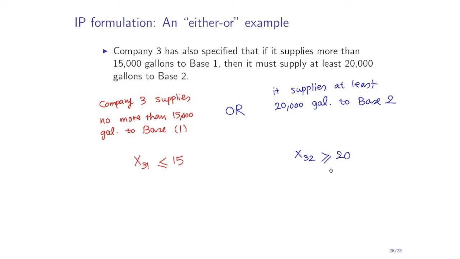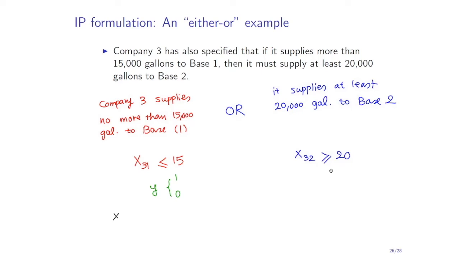Either this happens or this happens. Okay, this is equivalent to this condition, and in order to model this or relationship like before, we add y, which can take on 0 or 1, and use these values to switch between these two conditions.